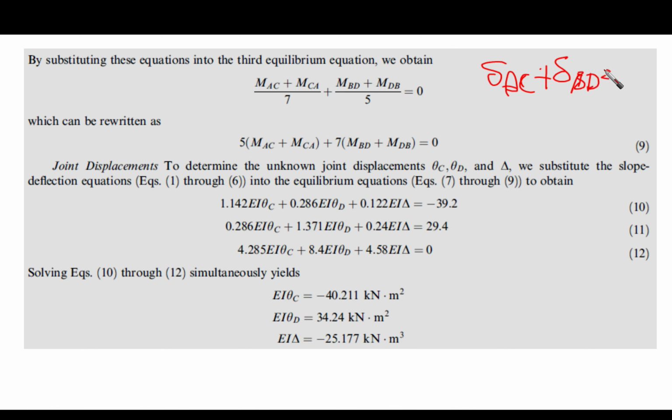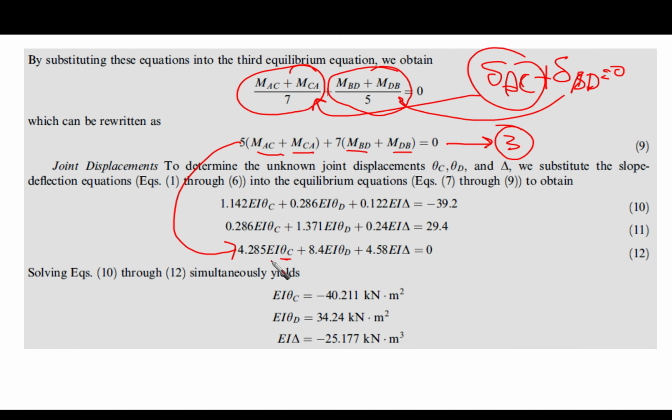Now this one, if we are going to put it in terms of theta C and theta D from the previous slides, now we have equation 1 and equation 2, which are from the equilibrium equation, and equation 3 from the shear equation.